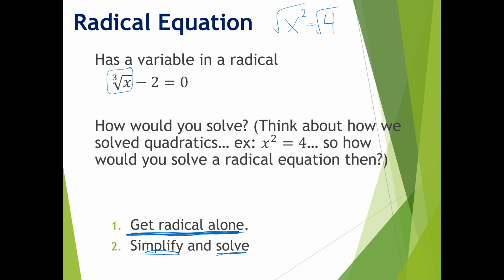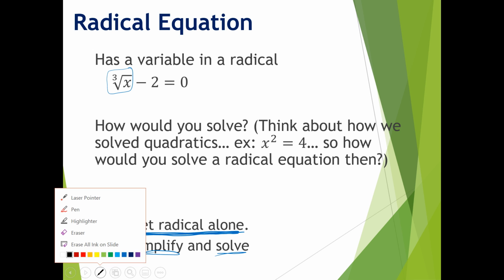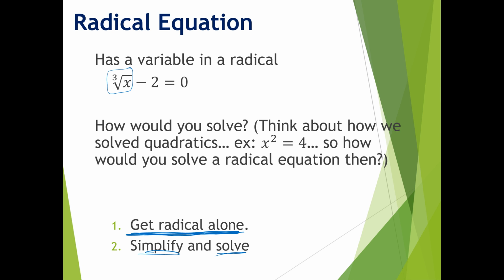So for instance, let's do this problem that's right here. I'm going to write it up here, let me give myself a little bit more room. Okay, so this says the cube root of x minus 2 equals 0.